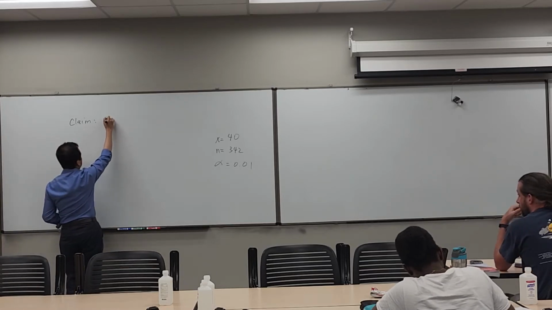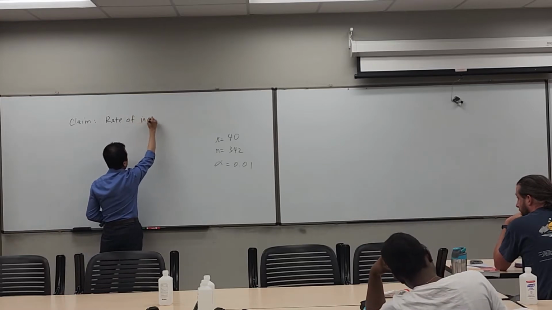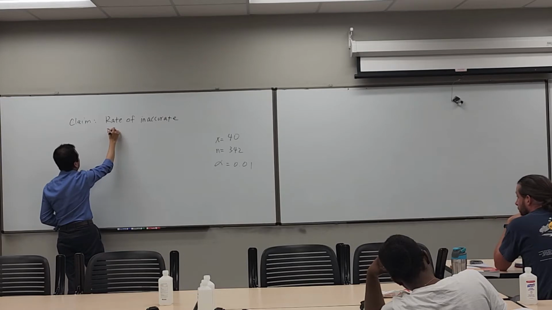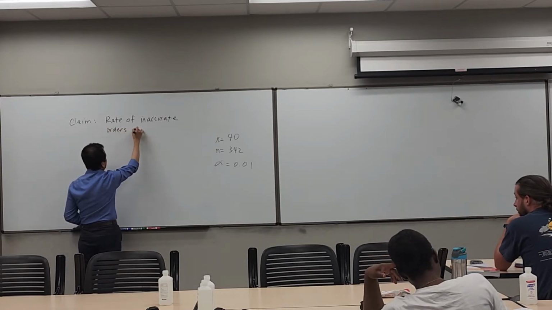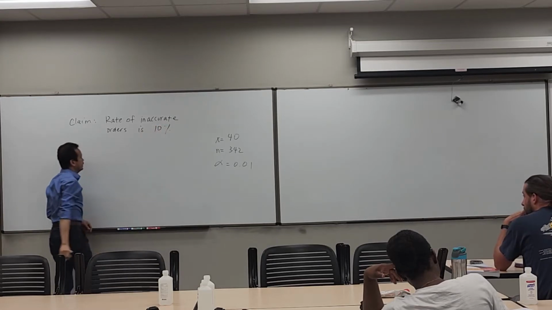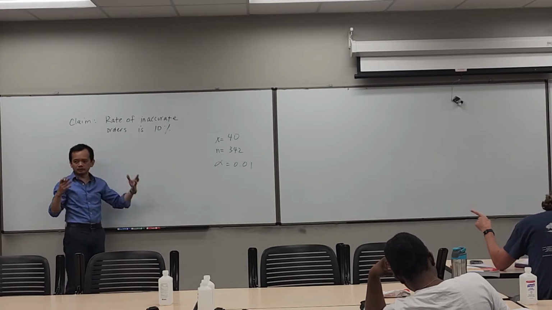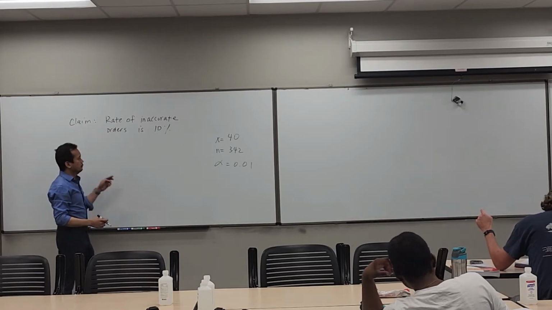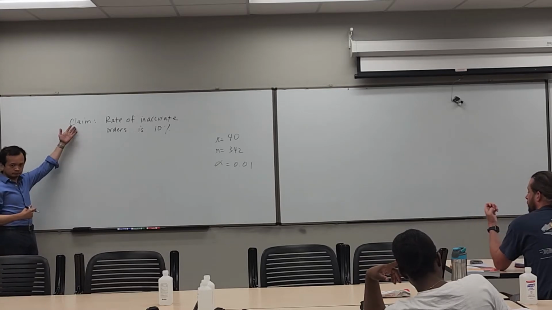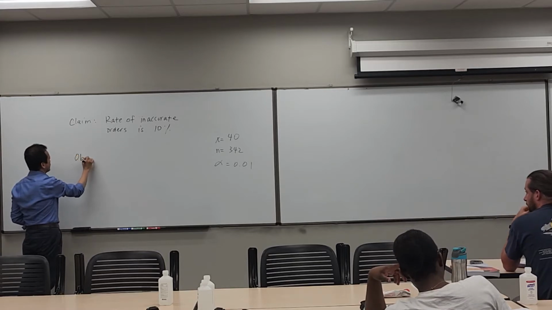So the rate of inaccurate orders is 10%. And so this is a statement or claim about your entire population or the whole restaurant. But you're going to make a conclusion about this population claim using an observation in the form of a sample.